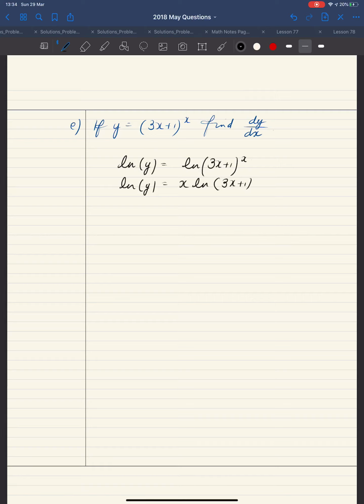And then we differentiate each side, 1 over y, dy by dx. So if it's log of something, it's 1 over the something. Now the something is a function of x. We don't know what it is, but it is a function of x. So we multiply by the derivative of the bracket with respect to x. The right-hand side is a product. So we have to do first.